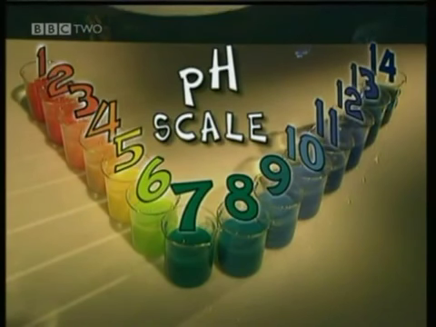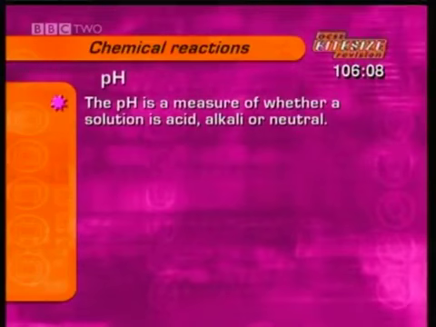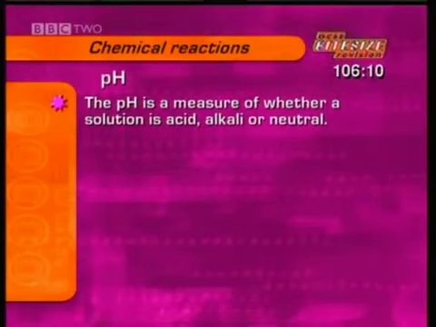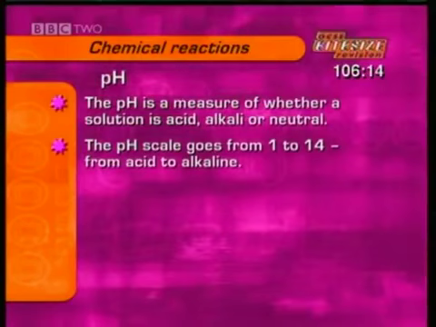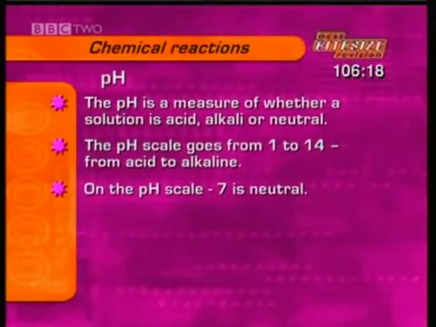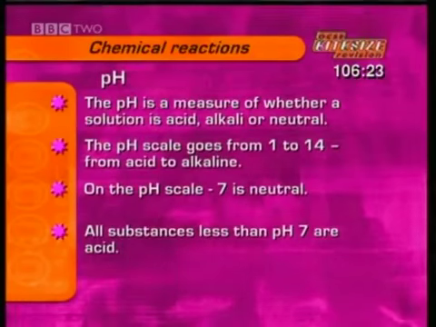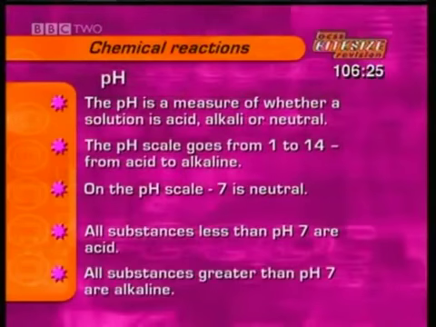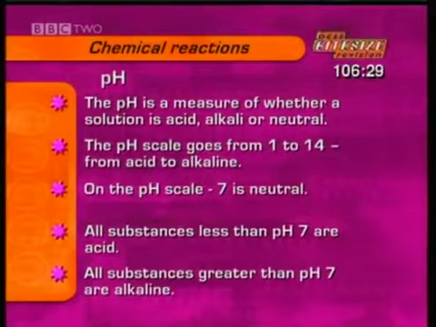And the pH scale is how acidity and alkalinity are measured in scientific terms. So the pH is a measure of whether a solution is acid, alkali or neutral. The pH scale goes from 1 to 14, from acid to alkaline. On the pH scale, 7 is neutral. All substances less than pH 7 are acid. All substances greater than pH 7 are alkaline.